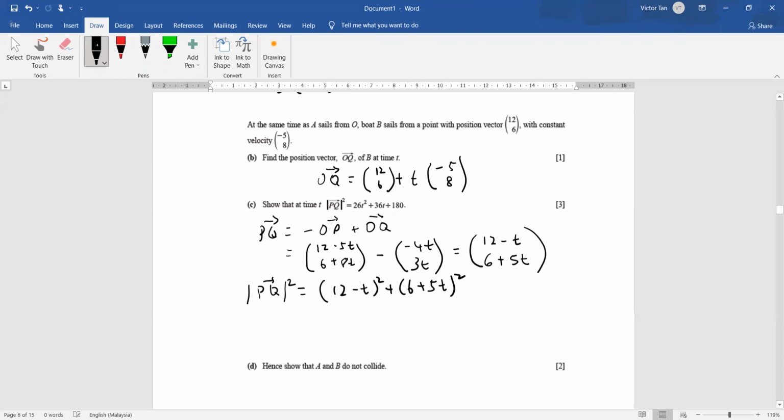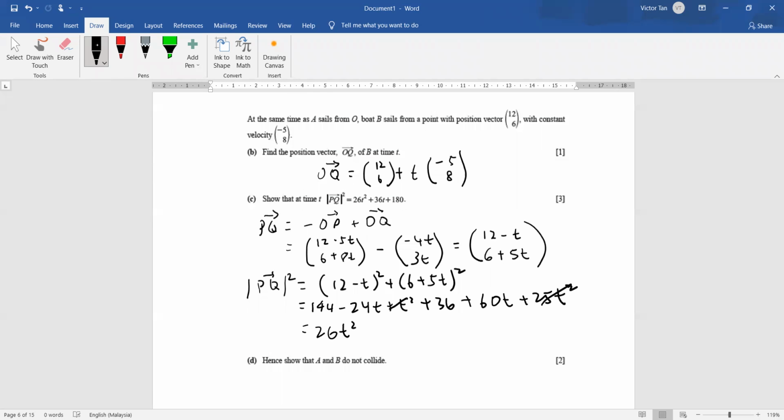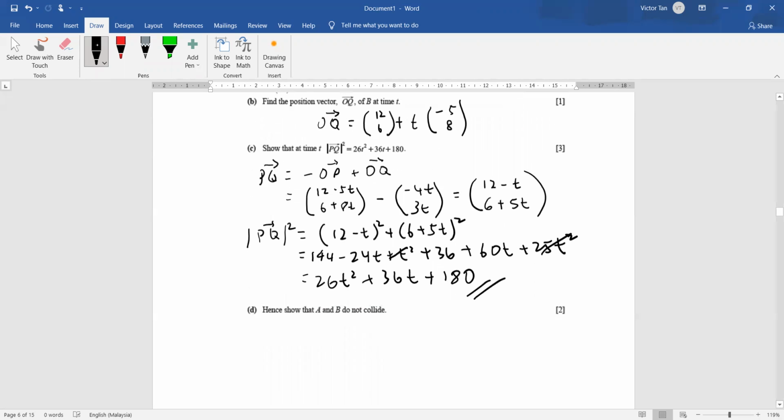So simplifying, you get 26t squared, 60 minus 24 is plus 36t, and 36 plus 144 is 180. There you have it. Okay, and show that A and B do not collide.